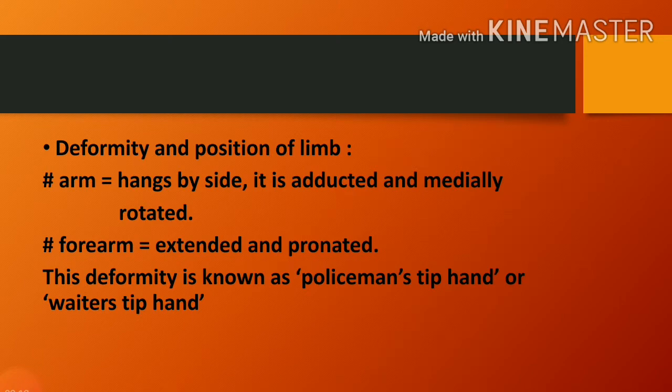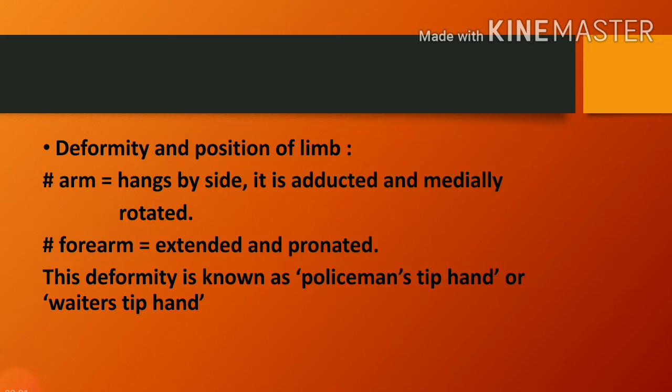Okay, so deformity and position of limb. If any person is suffering from Erb's paralysis, how could you find that out? It's simple. You just have to look at the position of the limb. His arm hangs by the side.